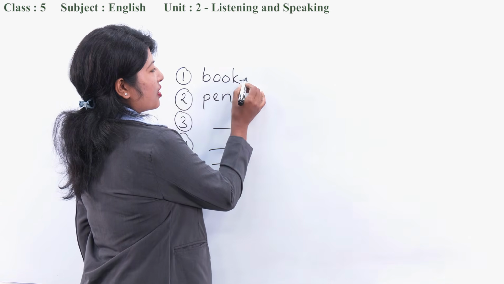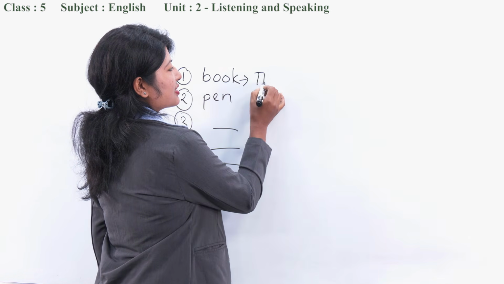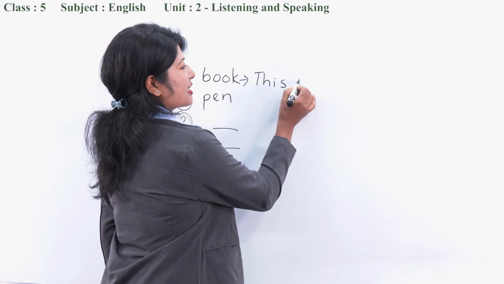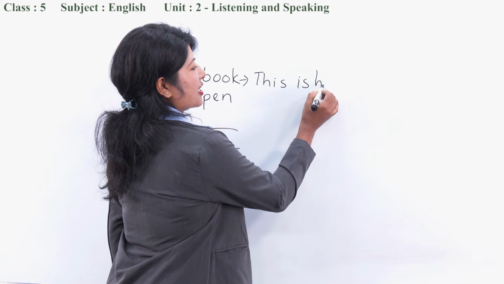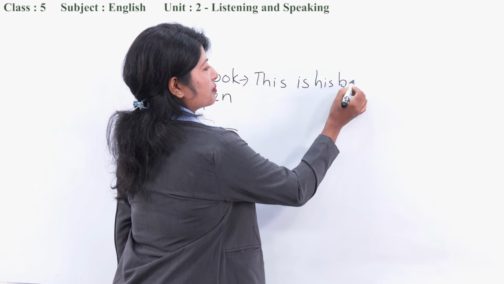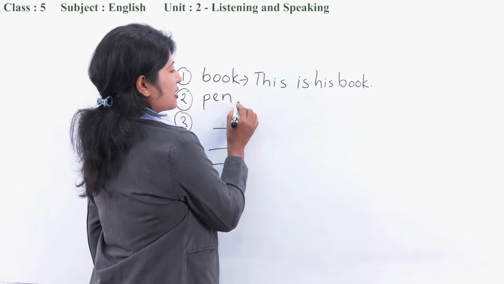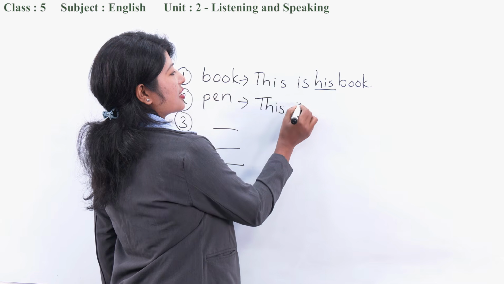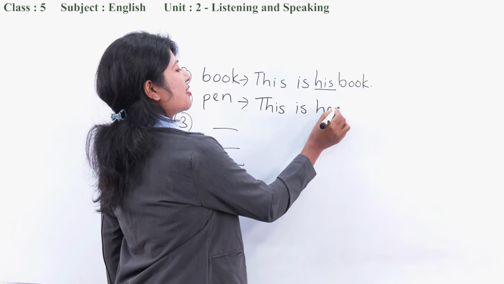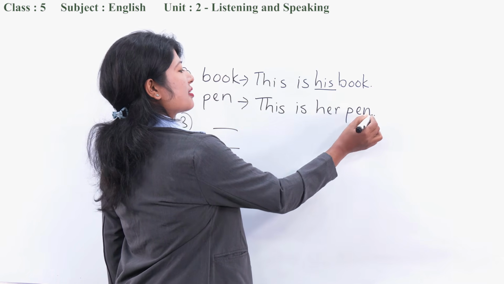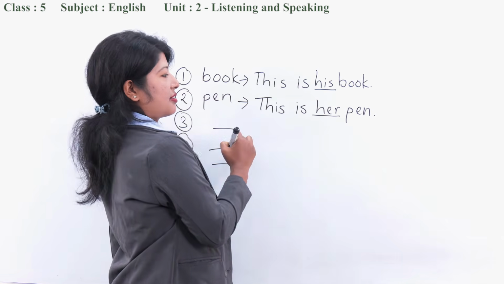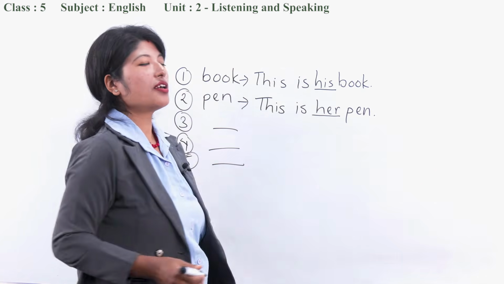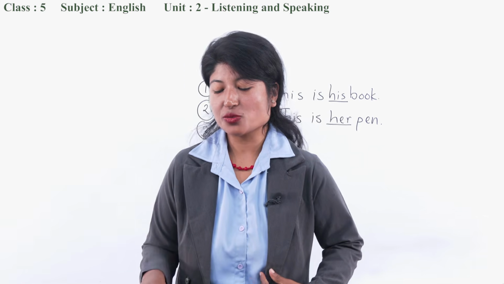So, number 1, this is his book. This is her pen. Right? He is her. We have to focus on such words.